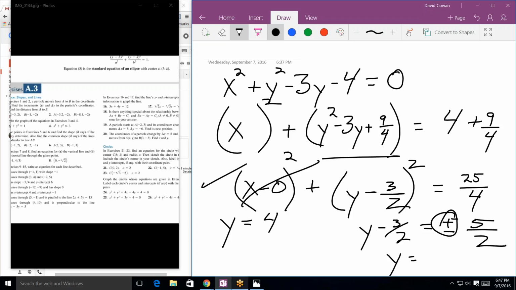That's the 8 over 2. What's the other one? It's negative 5 halves plus 3 halves. So that would be negative 2 halves, which is negative 1. So there are your two y-intercepts.